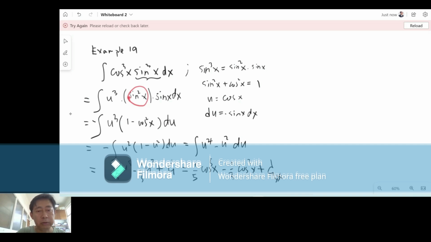Sine square x is related to cos square x through the identity, so sine square x is expressed in the form of 1 minus cos square. The product of sine x dx is just minus du. So this integration is now translated into the integration of u, which turns out to be in the form of a simple polynomial function. Then you integrate this polynomial function straightforwardly to arrive at the final answer.